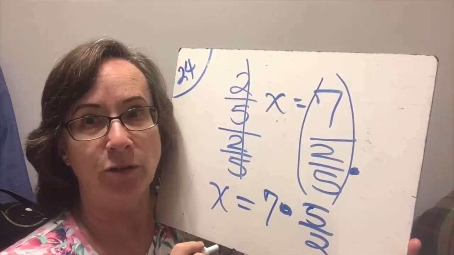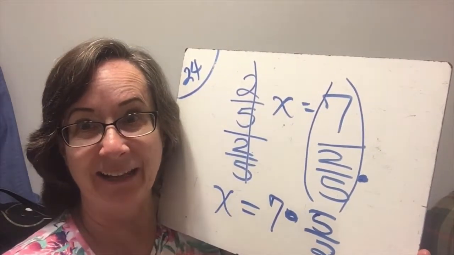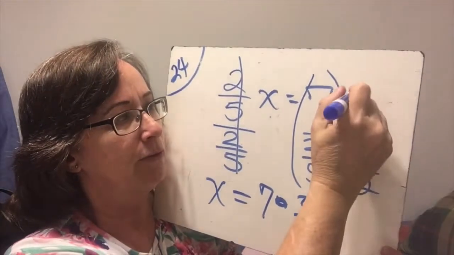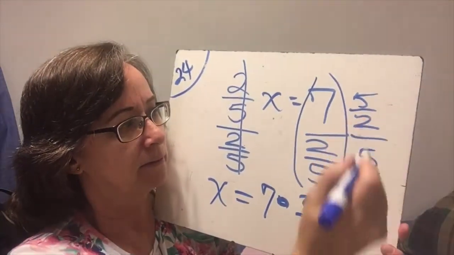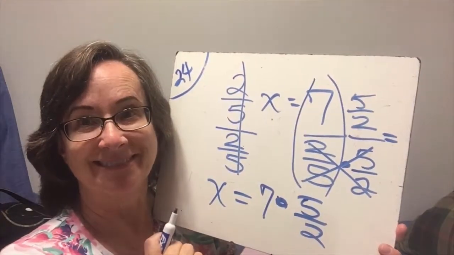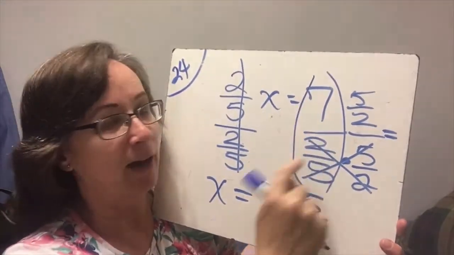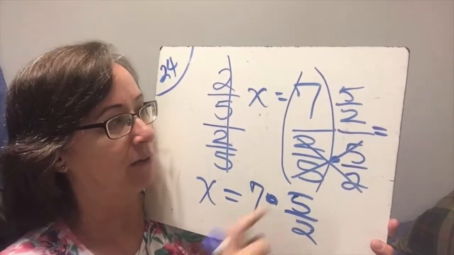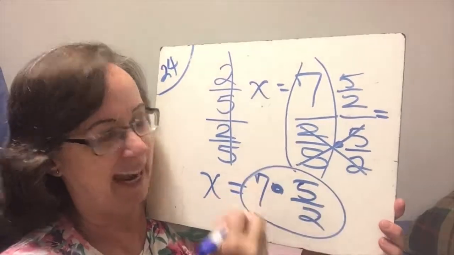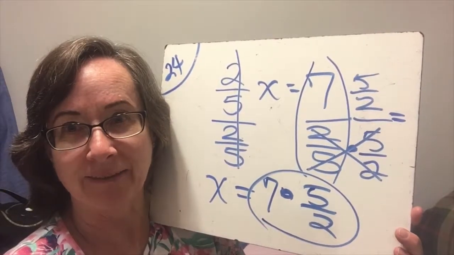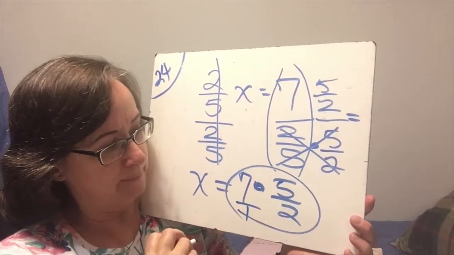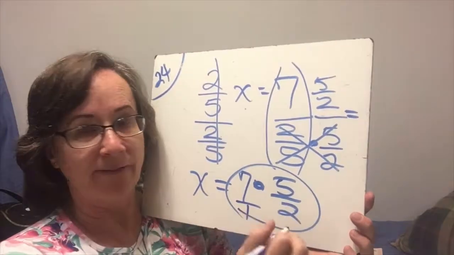And I'm going to choose to multiply it by 1 in the form of 5/2 over 5/2. Guess what happens to the denominator now? And now 7 divided by 2/5 turns into 7 times 5/2. And it will always work that way. Okay, so now we can put a 1 on the bottom, and we have 35/2.